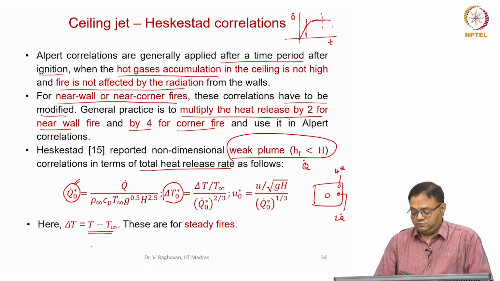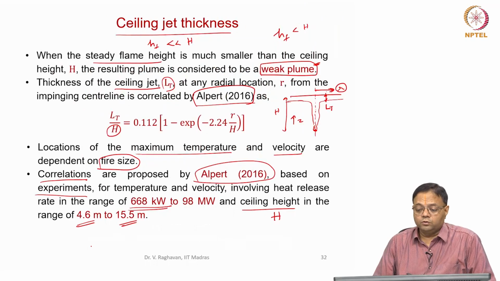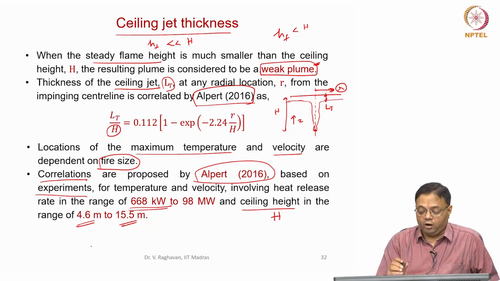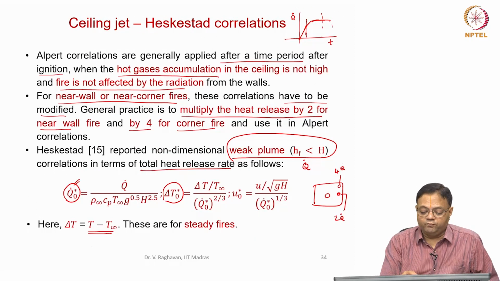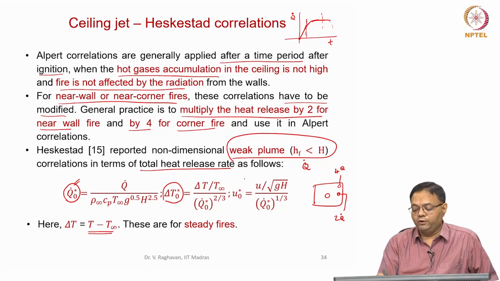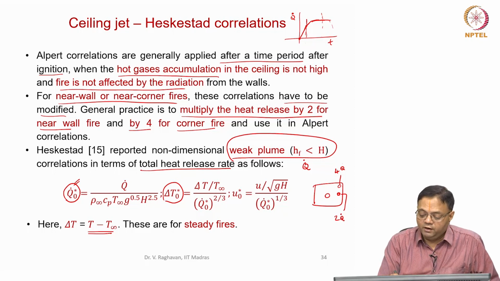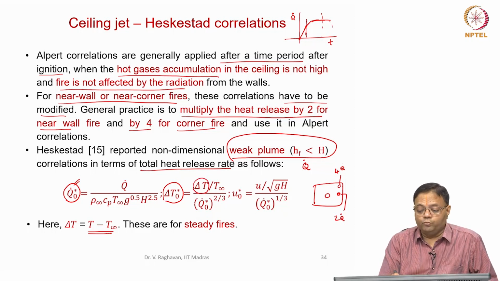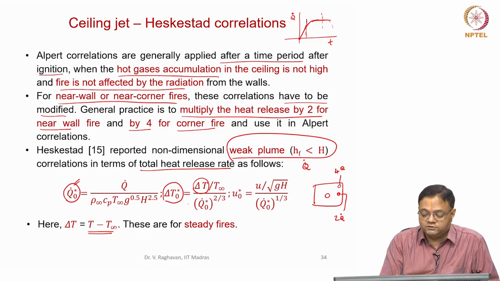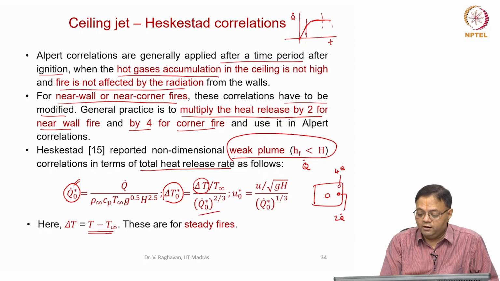You can see that the Alpert correlations are normally applied for somewhat stronger plumes. Now this is extended to weak plumes by using this. Whatever delta T you get from the strong plume solution, you use this Q naught factor and get the distribution for the weak plume.